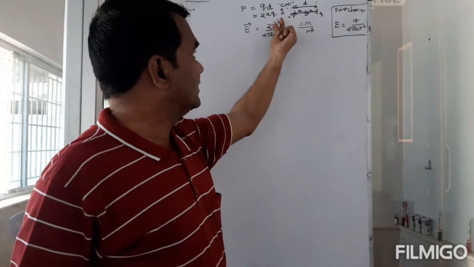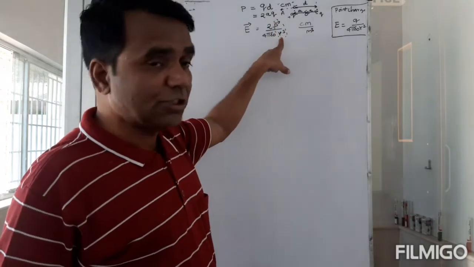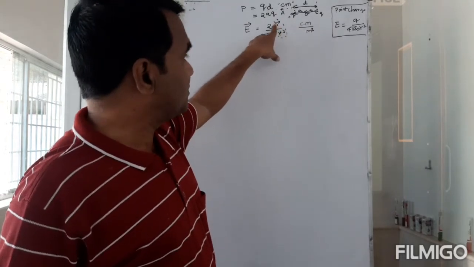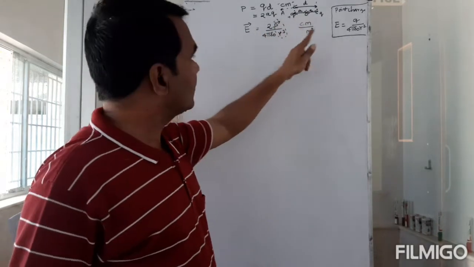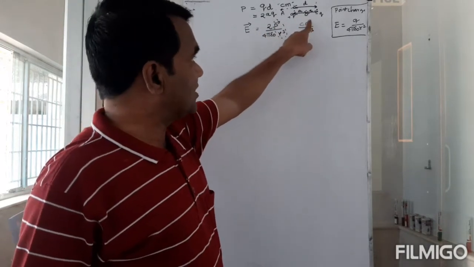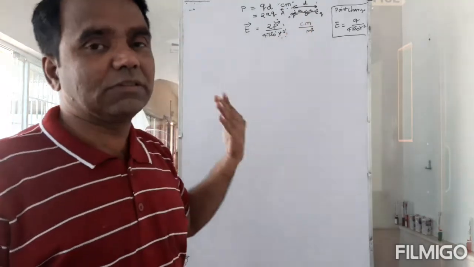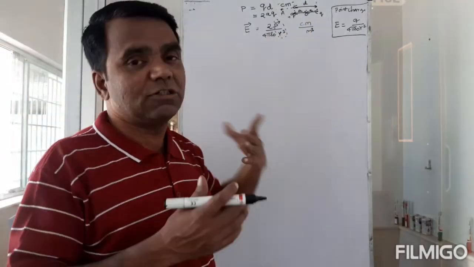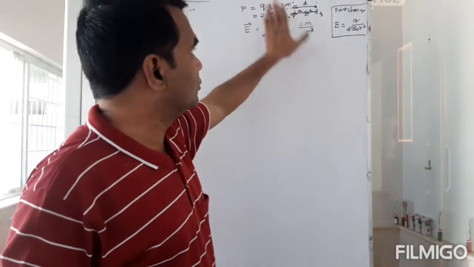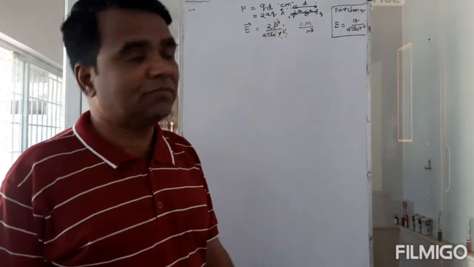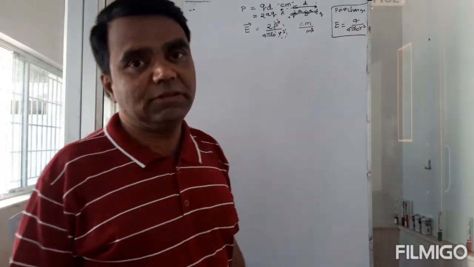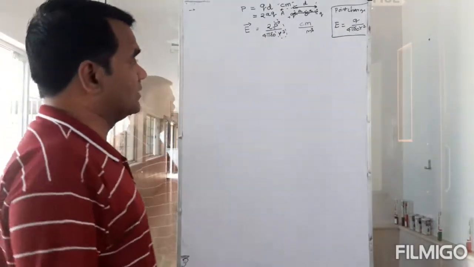Even though you say this is r cube, because you have p here, which has a unit of Coulomb meter, the meter in the numerator will cancel with one of the meters in the denominator. Then you effectively have Coulomb per meter square for p by r cube, just like q by r square.